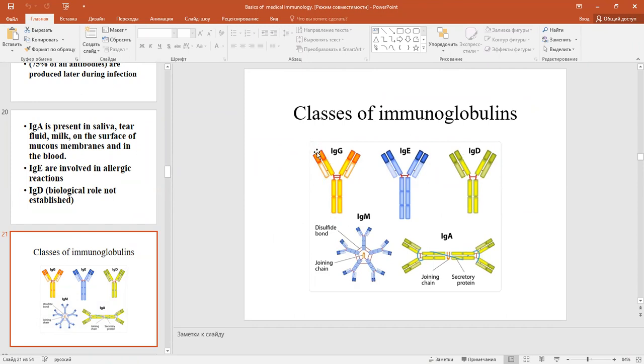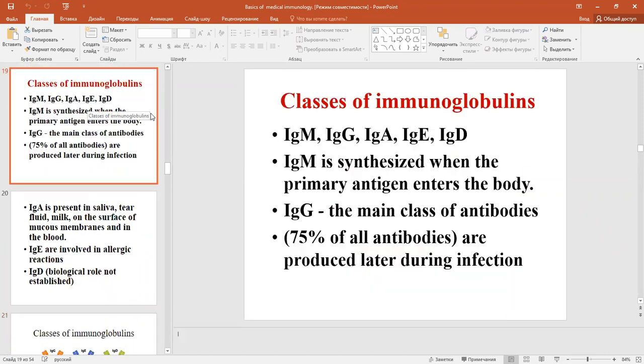It consists of light chains and heavy chains. Immunoglobulin G consists of one subunit, the same as immunoglobulins E and D. Immunoglobulin A consists of two subunits, and immunoglobulin M consists of 5 subunits joined in one.